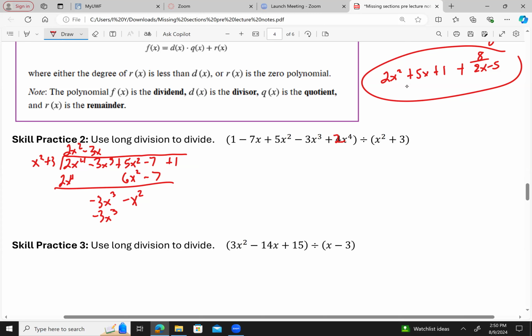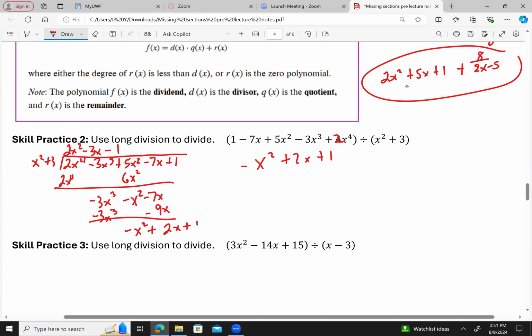This is minus 9x. Subtracting, I end up with 2x here. I need to bring down this negative x squared, and that's a positive 2x plus 1. So this is simply minus 1, to give me negative x squared plus 2x plus 1.